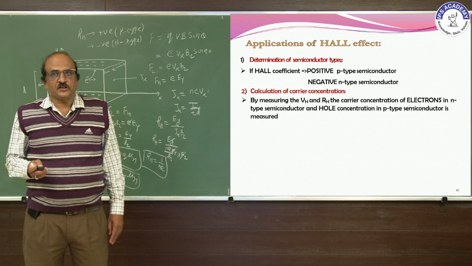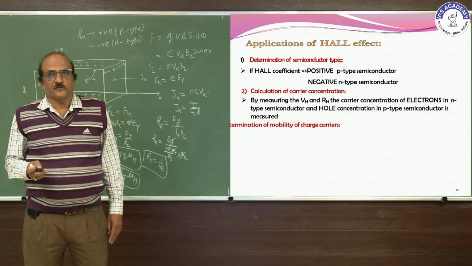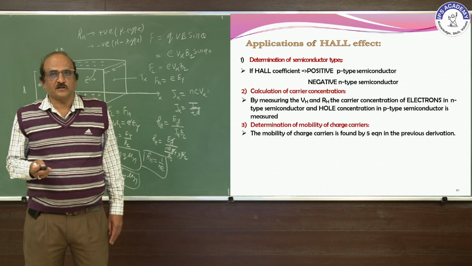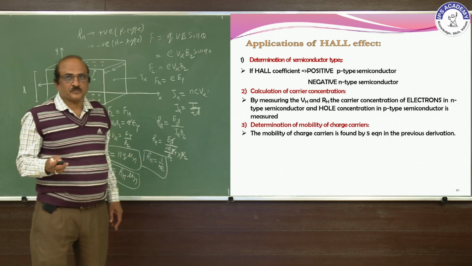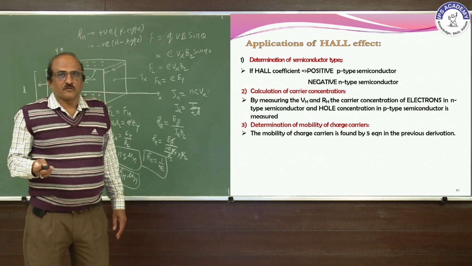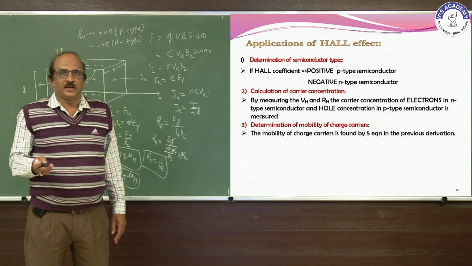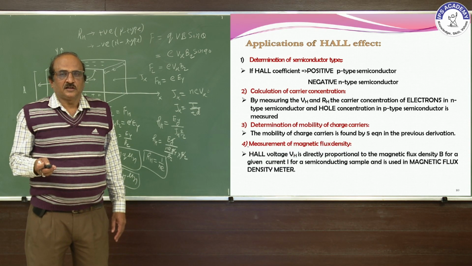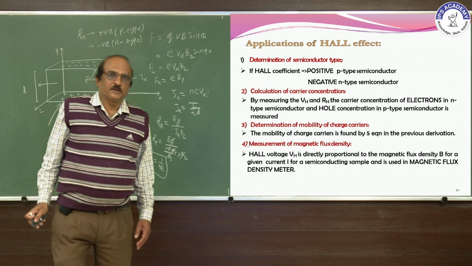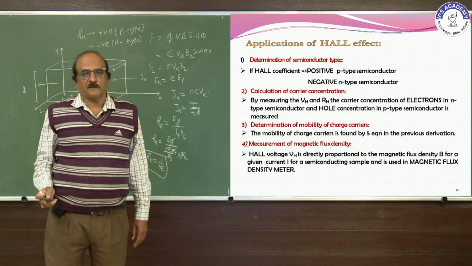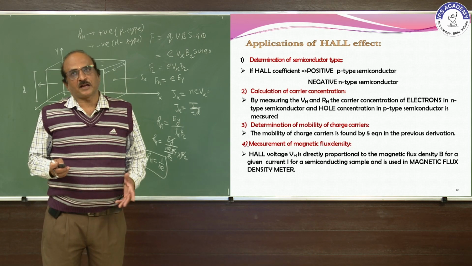Second is calculation of charge carrier concentration. We can calculate the charge concentration using this expression also. Now also we can determine the mobility of charge carrier and measurement of magnetic flux density. So it is basically used in a flux meter. It can measure the unknown magnetic field.